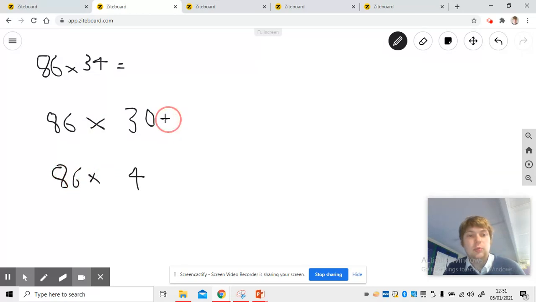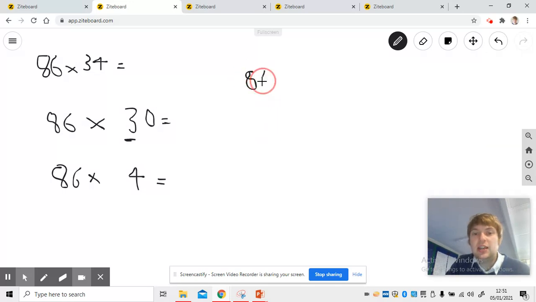Now, this time round, it's not as straightforward with our 30 as it was with our 10. But if we remember when we have looked at multiplying by multiples of 10, we can see we have a 3. Even though it's 3 tens, this 3 is going to help us because we can do as our first step 86 multiplied by 3.